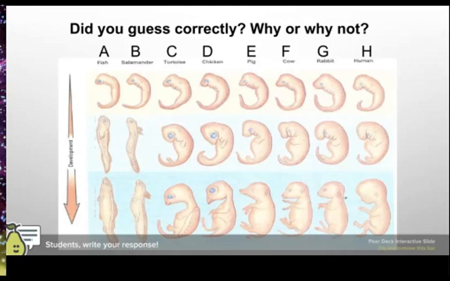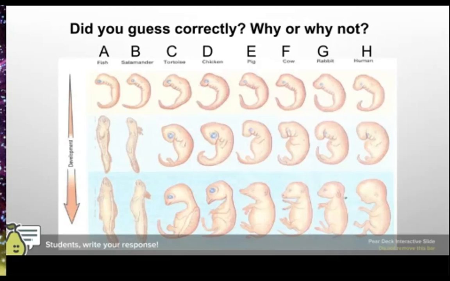All right, volunteers. I'm more interested in the why or why not. Siddharth, what happened? I guess I picked G because it had a similar structure to a human. Okay, good. Let me hear from at least one more person. Brandon.